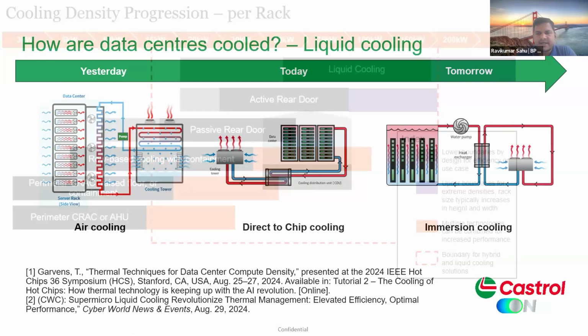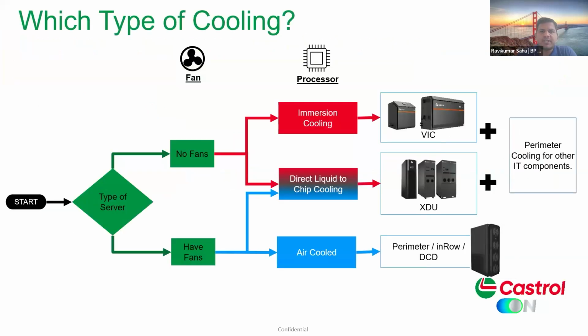Based on the workload or type of application, direct to chip cooling is more dominant, but immersion cooling has some application-specific requirements. To differentiate which type is required: if your servers have fans, you go with either direct to chip liquid cooling or air cooling.